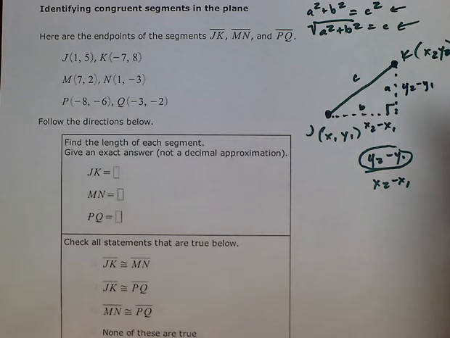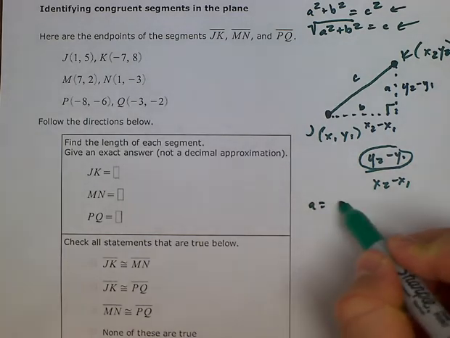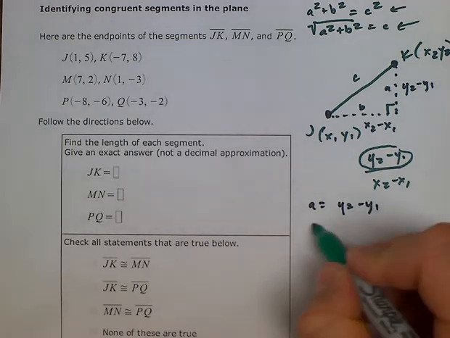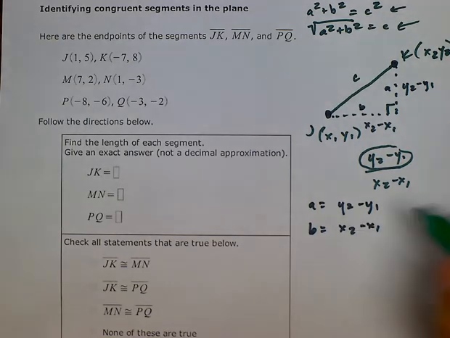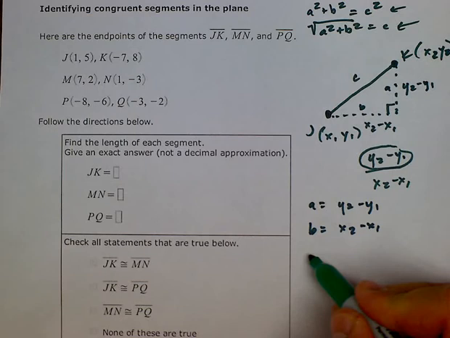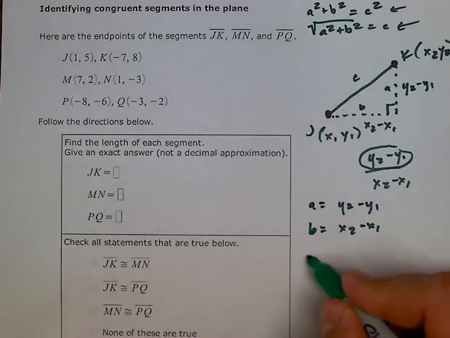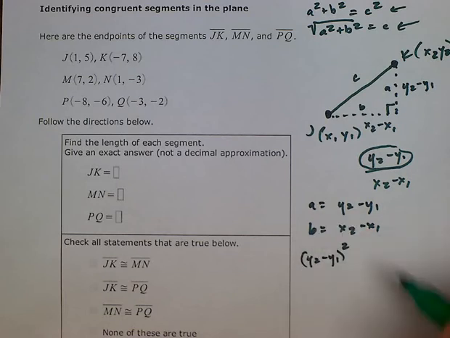So I could label it down here: A is equal to y2 minus y1, and b is equal to x2 minus x1. And when we plug it into a squared plus b squared equals c squared, we would have y2 minus y1 squared, or a squared, plus x2 minus x1 squared equals c squared.